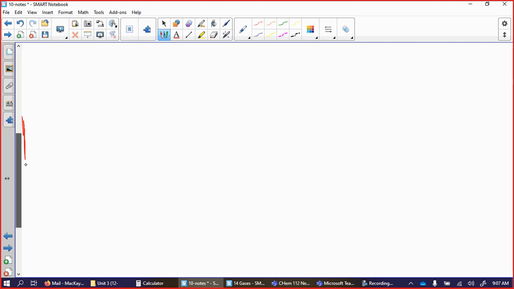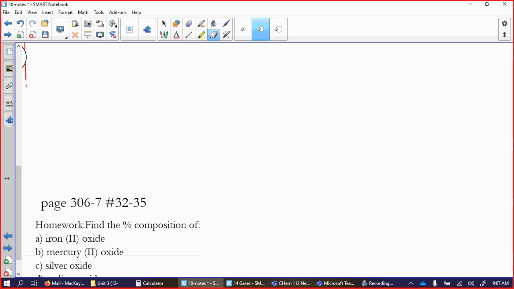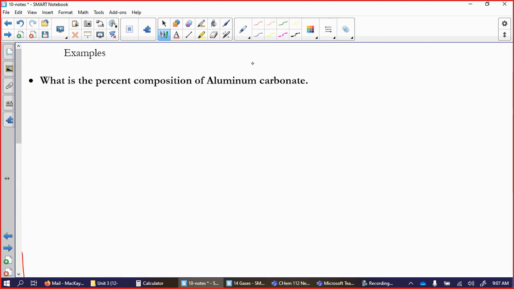Complicating matters, and there's some questions down there that you can potentially do. Percent composition of aluminum carbonate. Aluminum is +3. Carbonate is -2. So we have the formula Al2(CO3)3. So we have 2 aluminum.